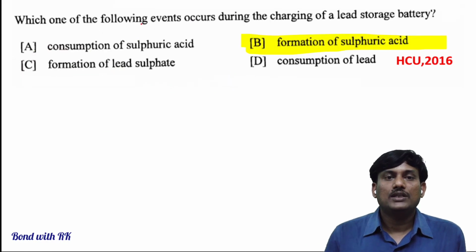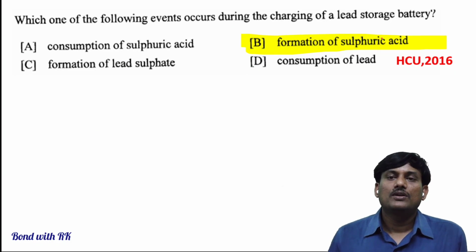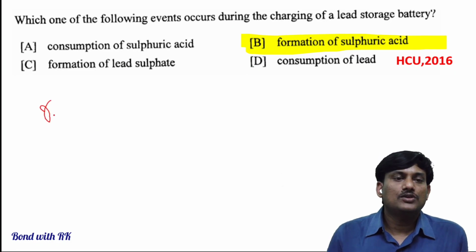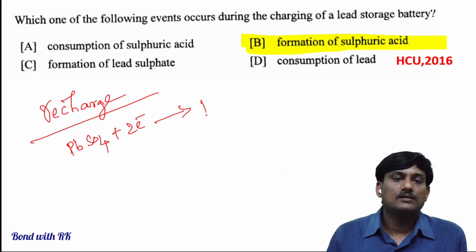Which one of the following events occur during the charging of a lead storage battery? Okay. During recharge of a lead storage battery, these are the equations. PbSO4 takes 2 electrons, and there is a conversion to lead and SO4 2-.